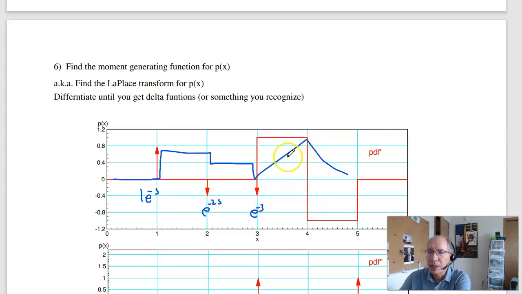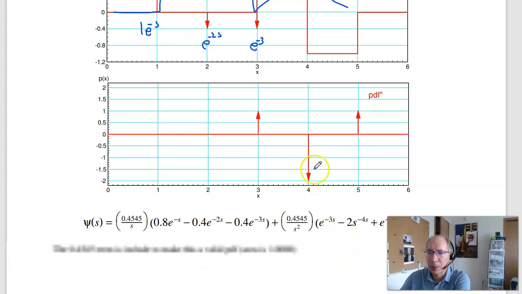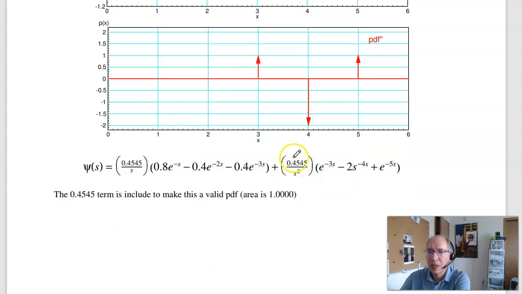The rest of it I don't know yet, so let's take another derivative. This one goes up by 1, goes down by 2, up by 1. So this is 1 at 3 seconds. This is minus 2 at 4 seconds, delayed by 4. 1 at 5 seconds, delayed by 5. Divided by 2.2 to make it a valid PDF.